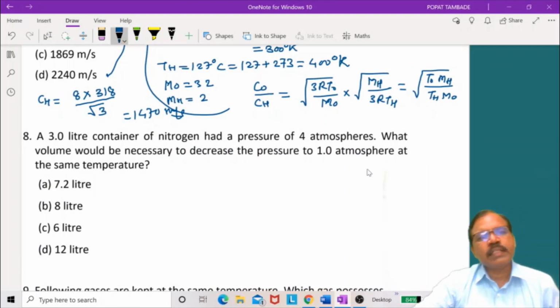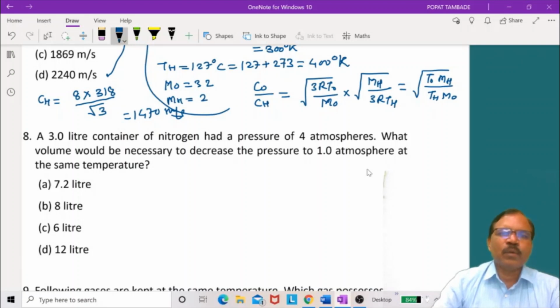Now next one, a 3-liter container of nitrogen had pressure of 4 atmosphere. What volume would be necessary to decrease the pressure to 1 atmosphere at the same temperature? Now we know PV is equal to RT. This is gas equation. So when temperature is constant, PV is constant.